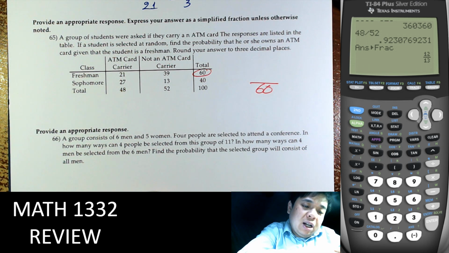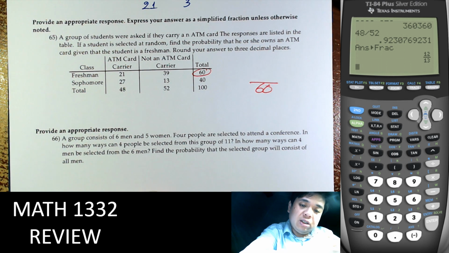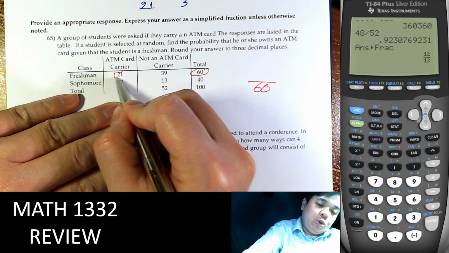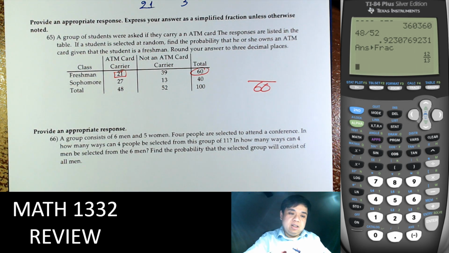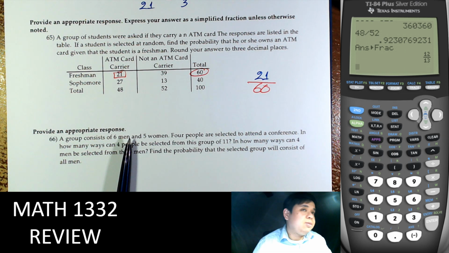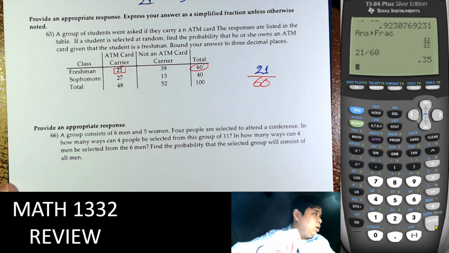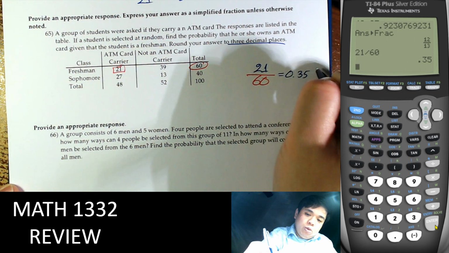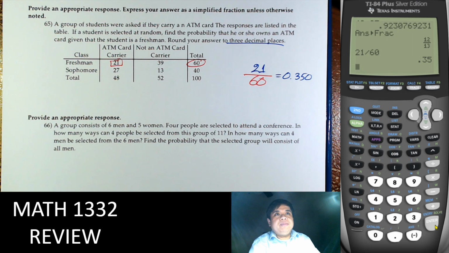And for that freshman, the probability that he or she owns an ATM card, we have 21 divided by 60. Only for freshmen. That is 0.35, to 3 decimal places. So that's good there.